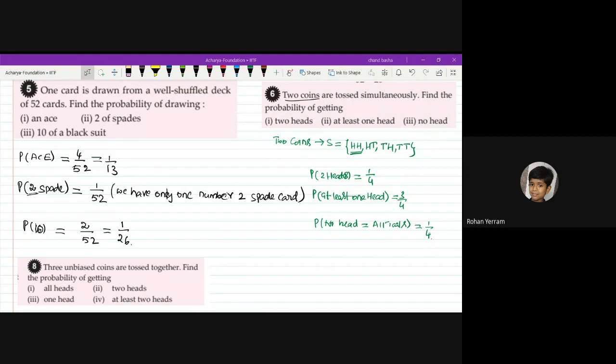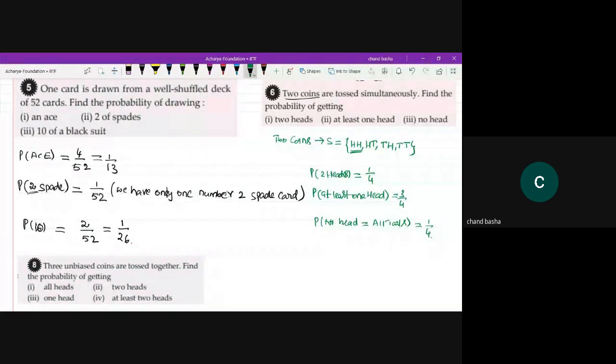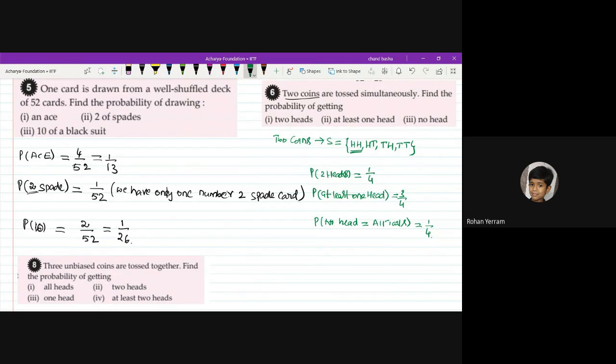Yes, I'll come to you. 3 coins, unbiased means there is no partiality; head and tail both should be there.